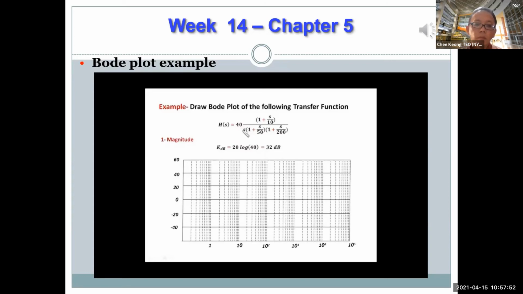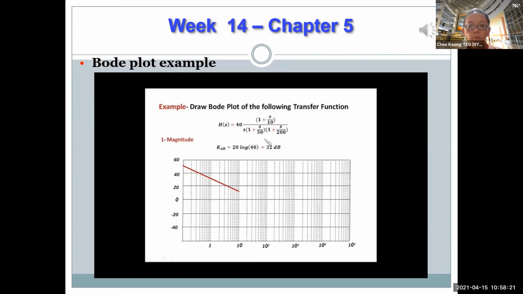And I will continue doing this until I hit the next corner frequency located at 10. So I will have a straight line that will pass through the 32 dB at 1, and it will continue going until I hit the frequency 10. See, it's very easy. You took care of the first segment this way. And now at 10, I end up having a 0, and the 0 adds 20 dB per decade.